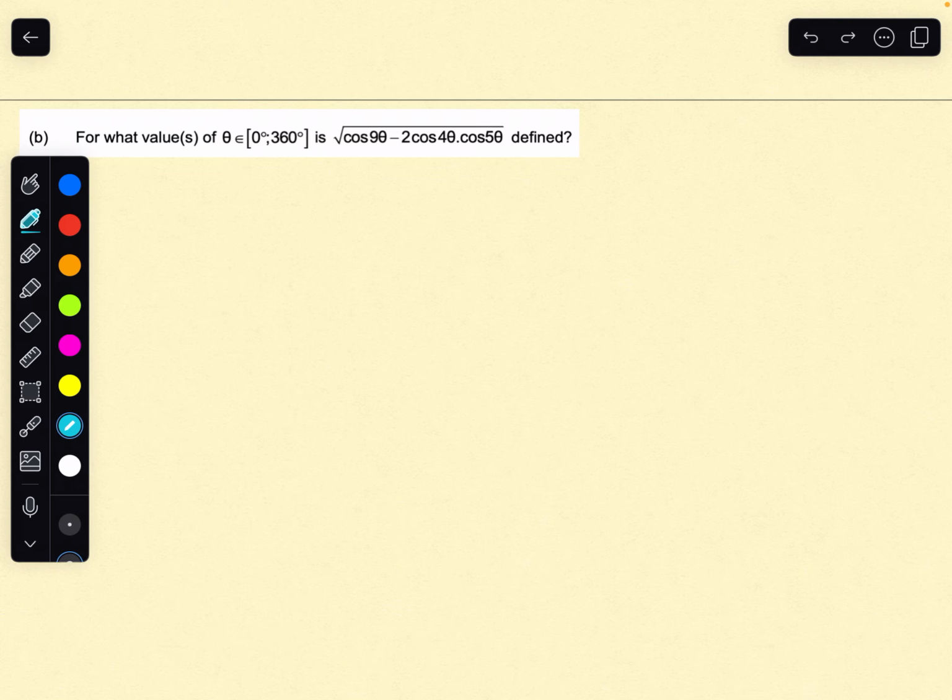But obviously we're not dealing with a problem of division here. There's no division going on. It's a square root, so that hints to me that what they are actually asking is for which values of theta this square root will give us real answers, because we want to know when it's defined.